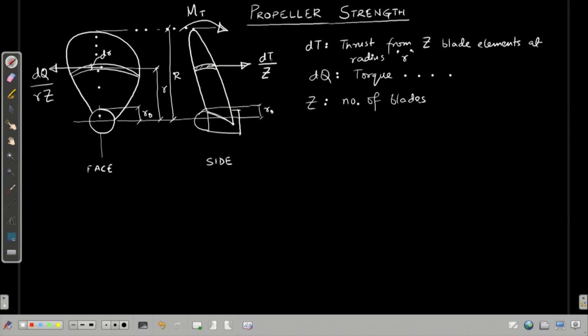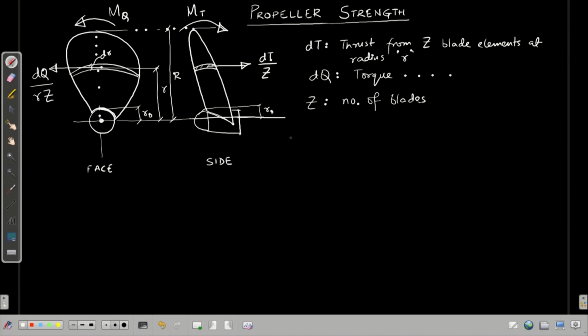On the other side, this thrust force from the element is parallel to the propeller axis, and in the first diagram the propeller axis is perpendicular to the plane of the board. So, if we consider this as a right handed propeller, the moment due to the torque reaction on the propeller blade will be in this direction, M_Q. Now, let us look into the bending moments caused by the elemental thrust and torque at the root section.